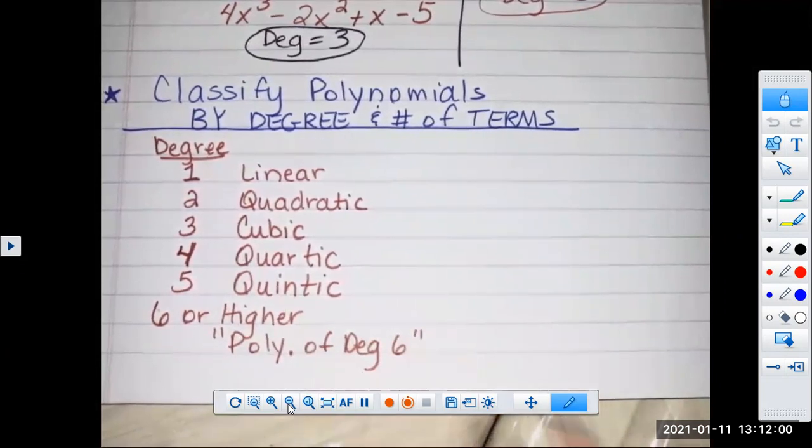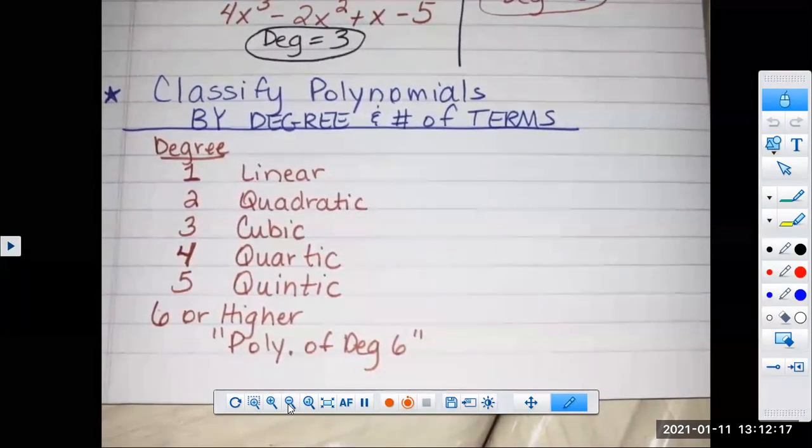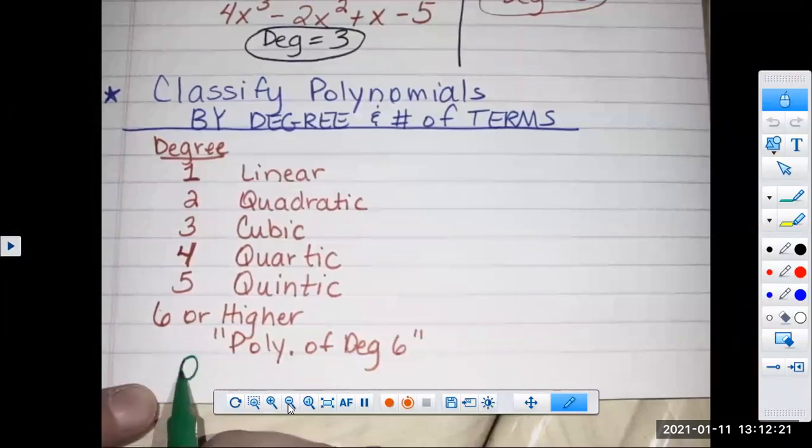Now, there is one more that we haven't listed. What if you don't even have a variable? What if you just have 7 plus root 2? That would be a polynomial of degree what? If you don't even have a variable in there, 0.